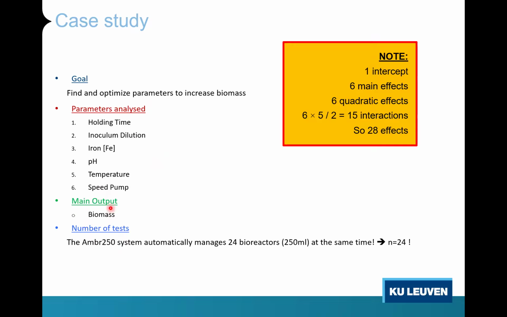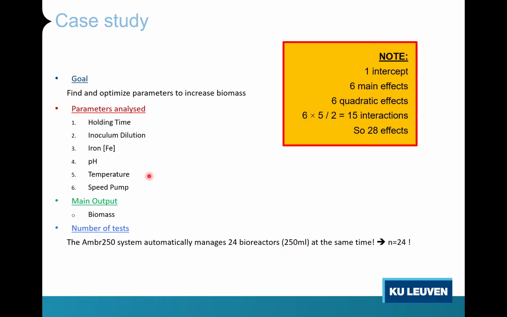And for this particular experiment, they are using a technology which is called the AMBER 250 system. That's a system involving 24 little bioreactors. And in these 24 little bioreactors, each of which can contain 250 milliliters, they can test 24 combinations of these 6 inputs at the same time.